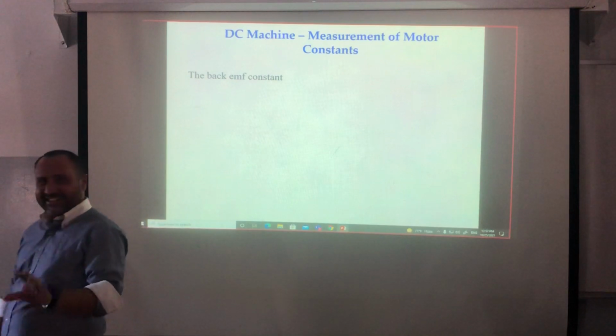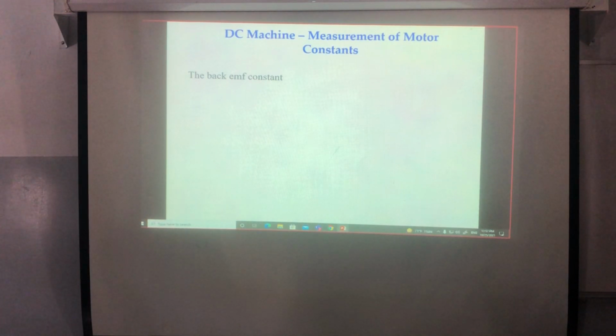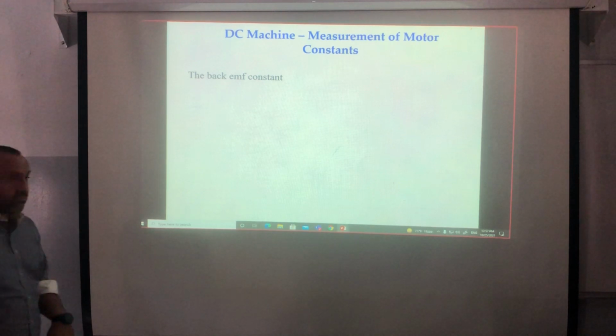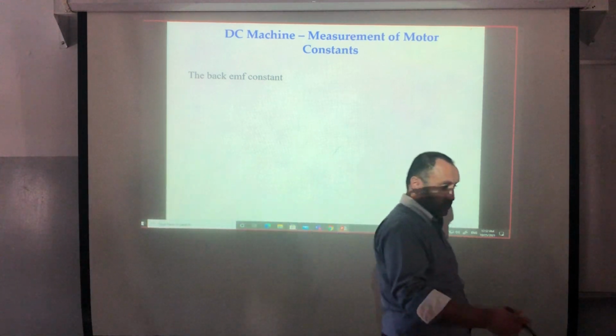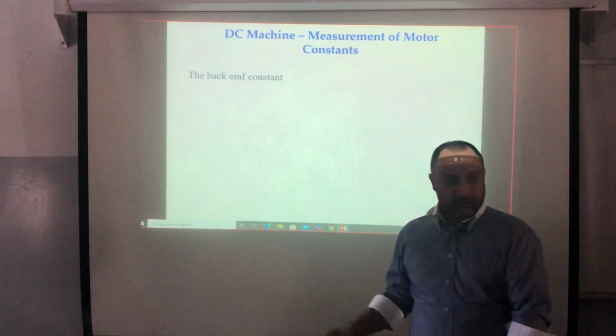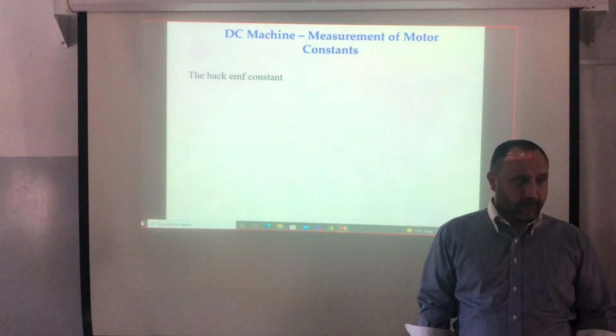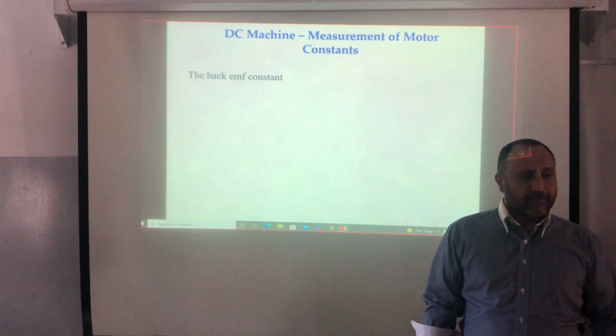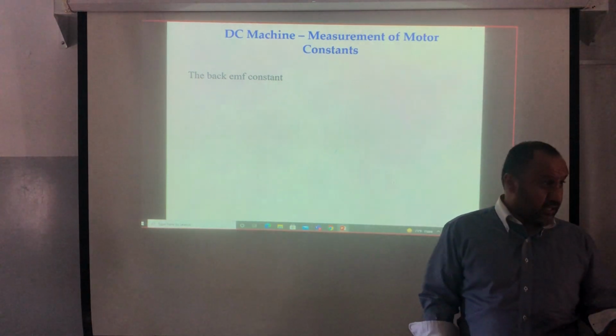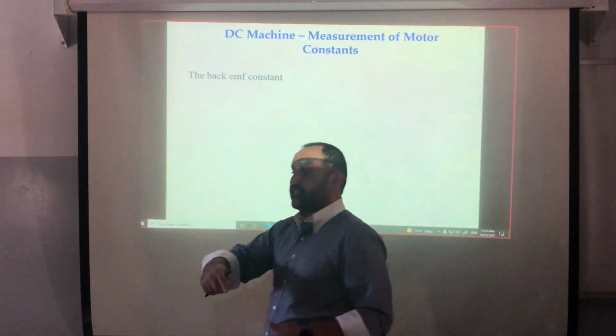I have a mismatch in the estimation, so I'm putting more slides than I need. Whatever. So now, how can I measure the back EMF constant? Not with the locked rotor, but with the no load test, as a generator.